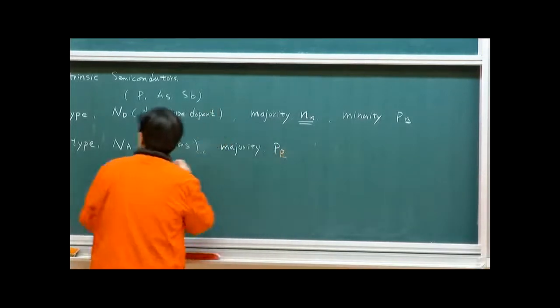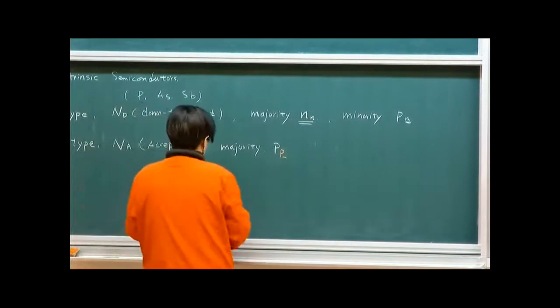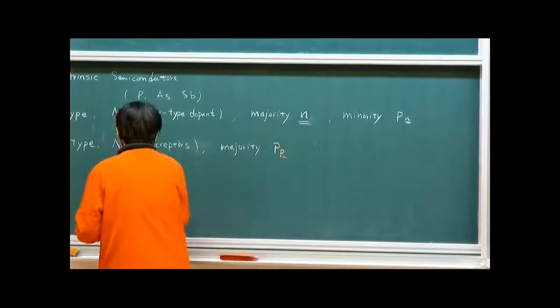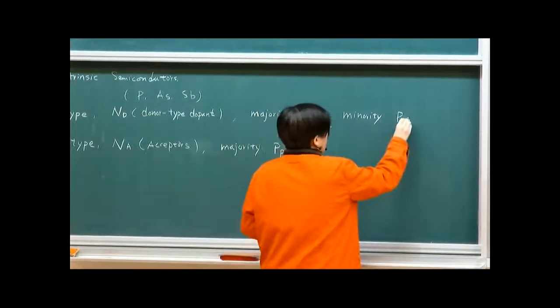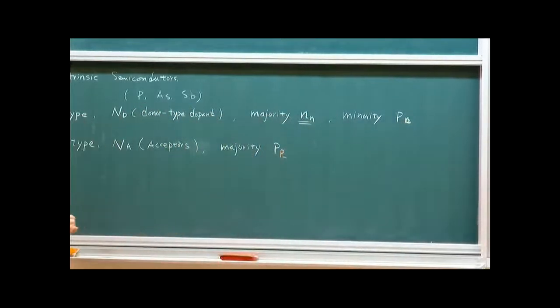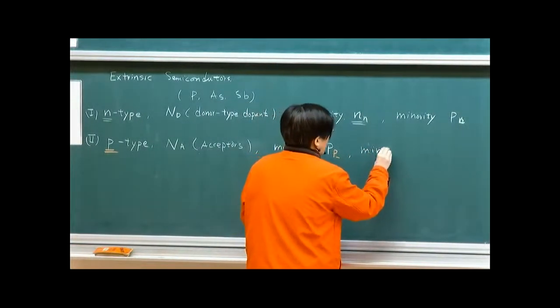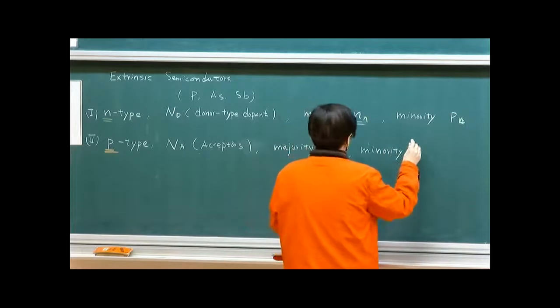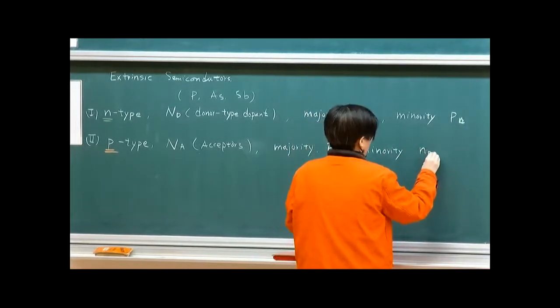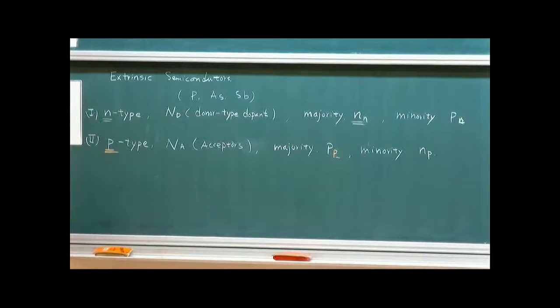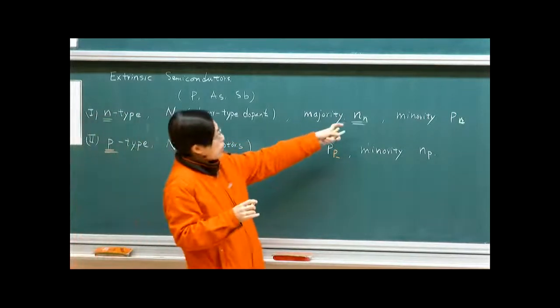The subscript is simply identifying the type, identifying in which type of material. Its majority is holes, and its minority is electrons.